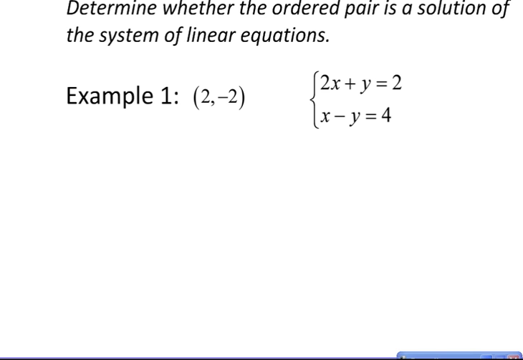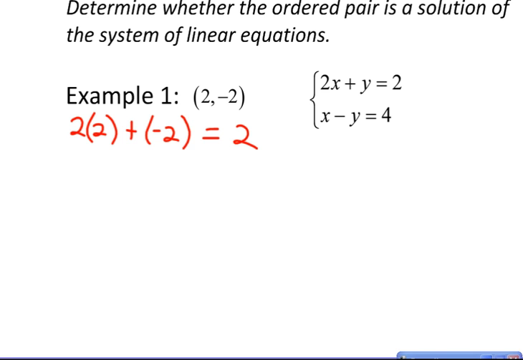So let's take a look at an example. We have the point (2, -2). Is this ordered pair a solution of this system? We first have to check to see if it makes both of the equations true. Then if it does, it's a solution for the system of equations. So we substitute into 2x + y = 2: 2 times 2 plus negative 2 equals 2.